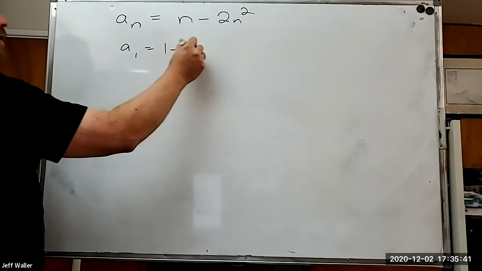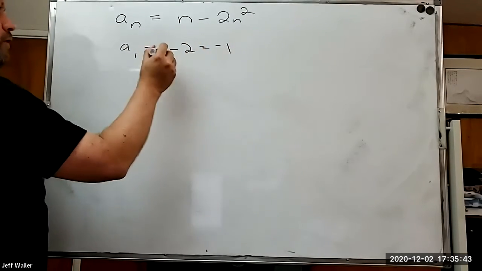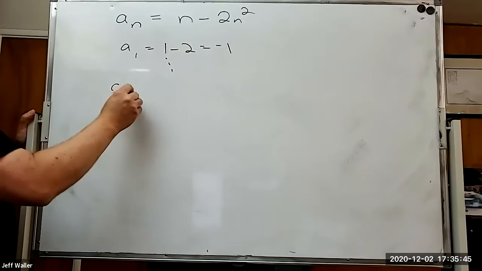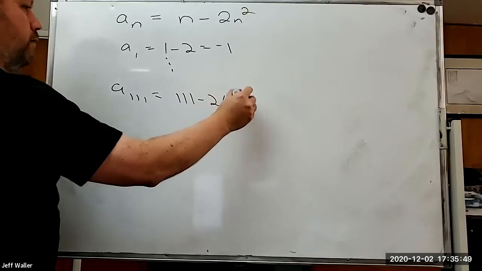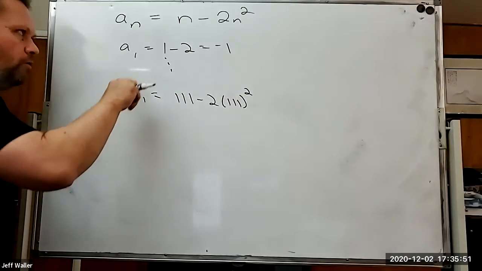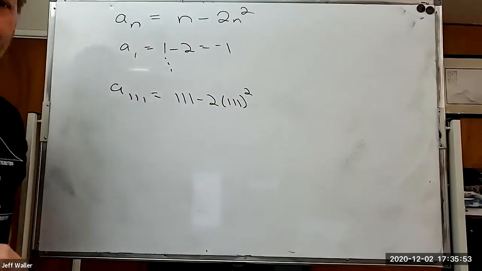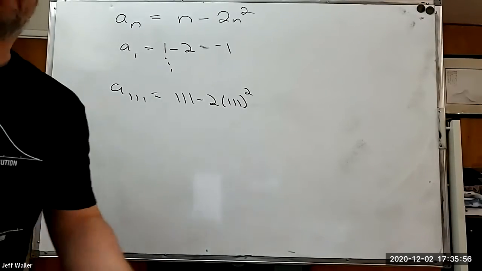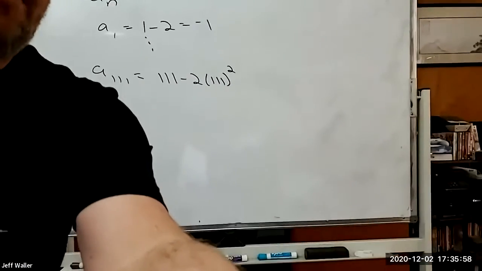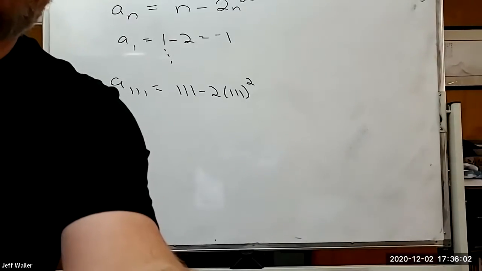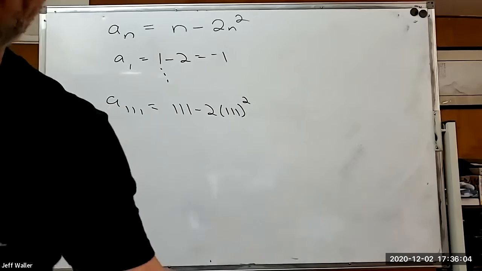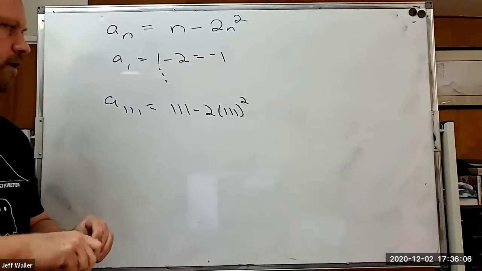A1 would be 1 minus 2, and so forth. If I wanted A111, you would just put a 111 in there to figure out what that component of the sequence is. So it's just kind of an alternate way to function notation, but specific to sequences. But it works the same way. All right, that's kind of boring.